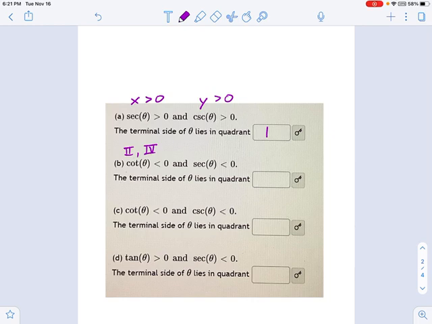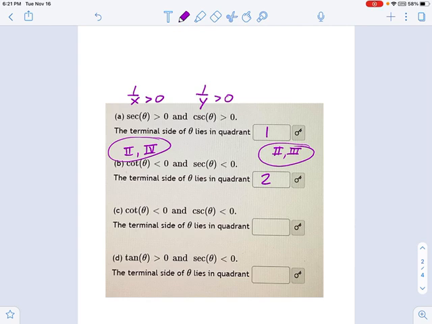Secant is related to the x values. It's, well, more accurately, 1 over the x values. 1 over x is less than 0. That means x is less than 0. That means quadrants 2 and 3. Now, in quadrants 2 and 3, or in quadrants 2 and 4, what does that point us to? Well, it means quadrant 2. It's the only one they have in common.